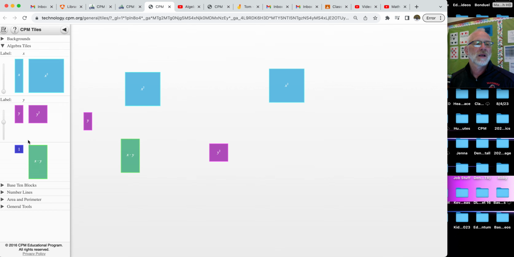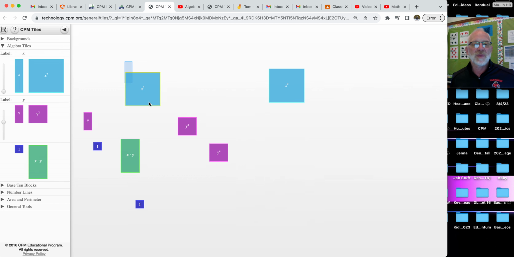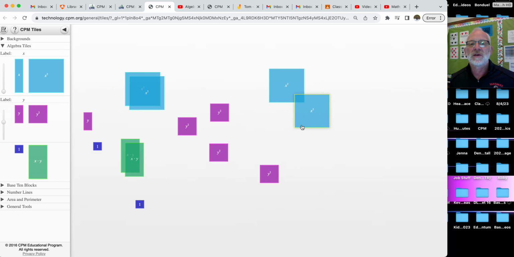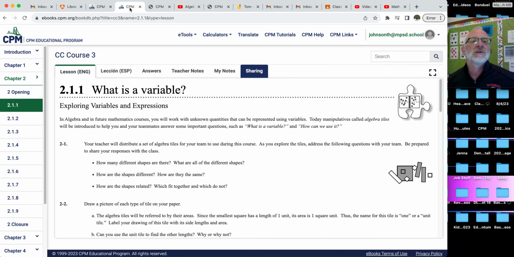They learn that you can copy and paste those if you want, that you can double click on them, and what happens when you click on them. So go ahead and play with those.